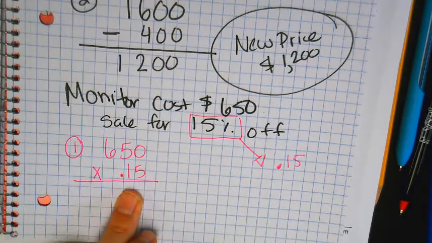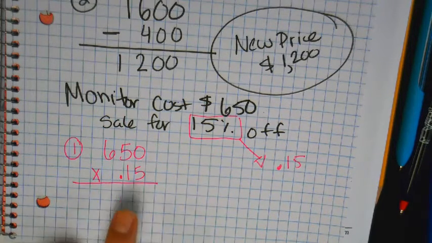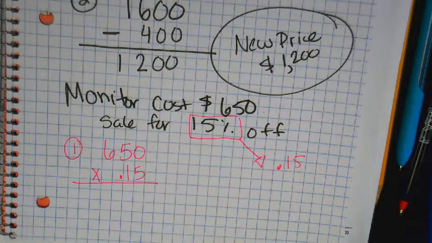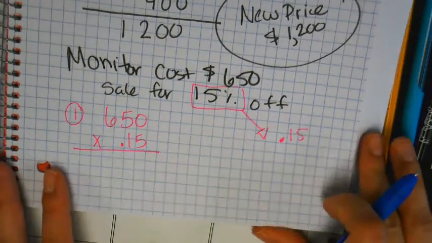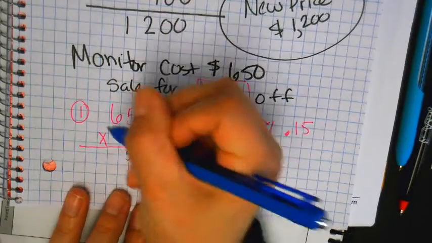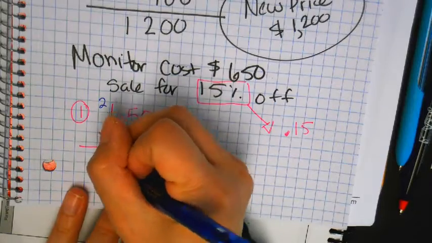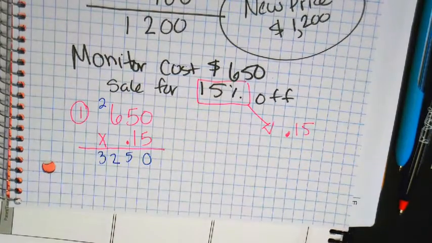And we're doing the math. Either you're doing it ahead of me, or you're doing it with me. But you shouldn't be writing monitor at this point, right? That would be a little too behind. All right. 5 times 0 is 0. 5 times 5 is 25. Carry the 2. 5 times 6 is 30. Plus 2 is 32. So that's our first line.